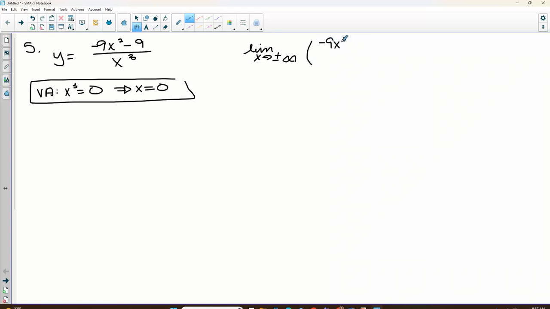Now, if I just plug in infinity right now, it is really hard to know what this is going to do. So what did we do to simplify that? We would multiply top and bottom by 1 over the highest power of x.